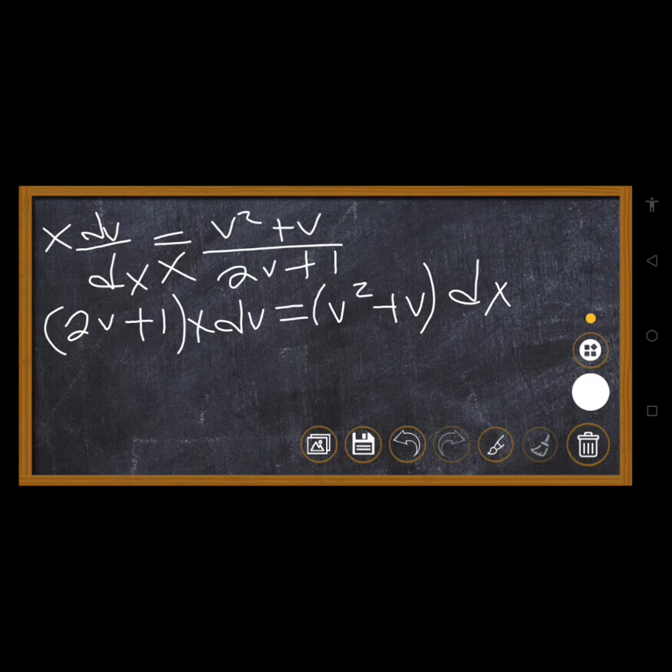Here we are integrating with respect to x, but we have v. Here we are also integrating with respect to v, but we have x here. So let's begin by dividing both sides.